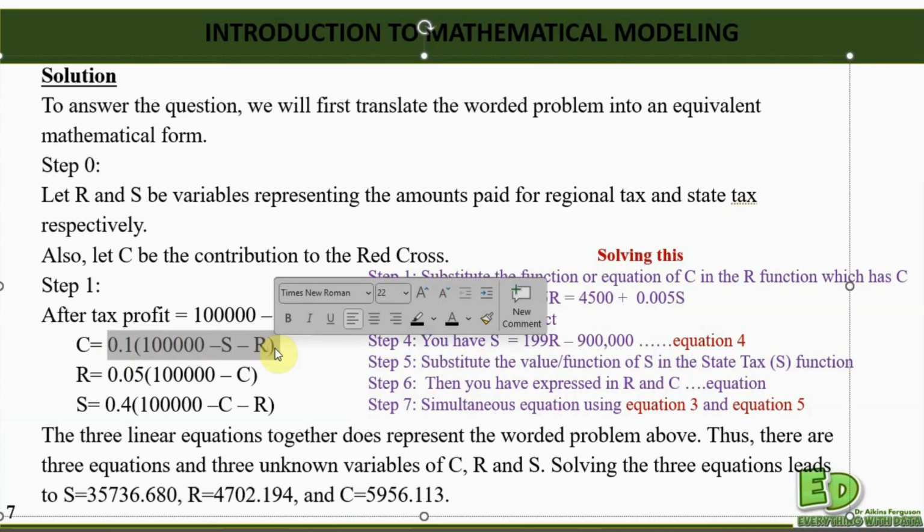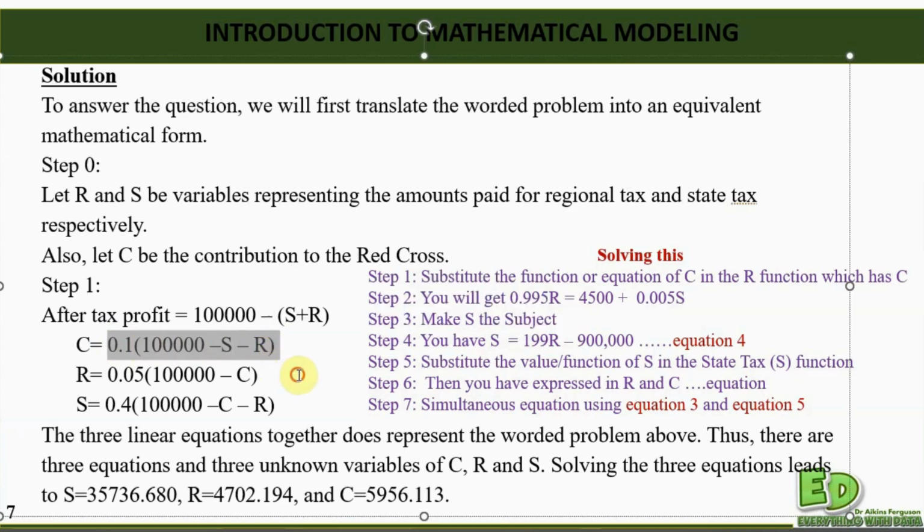That's the first step. So here it will be 0.05 into bracket 100,000 minus the whole of this. Then you will get 0.995R is equal to 4,500 plus this.